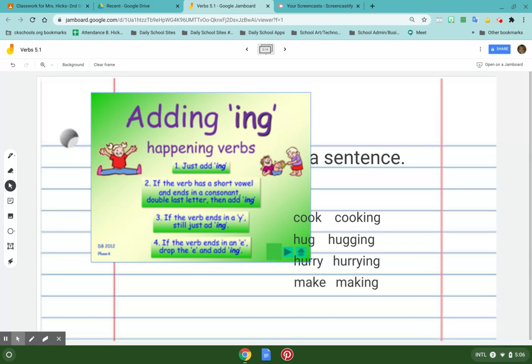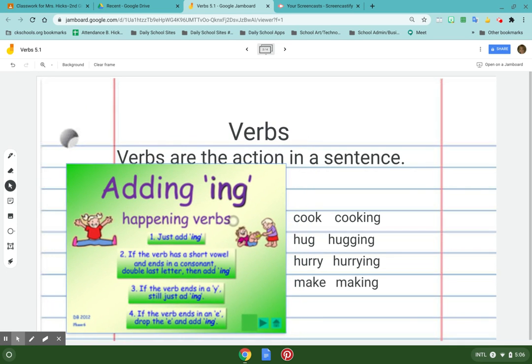And we'll look at those in a minute. If a verb ends in y, you just add the ing. If a verb ends in e, then you drop the e and add the ing. All right? So now let's look at this.